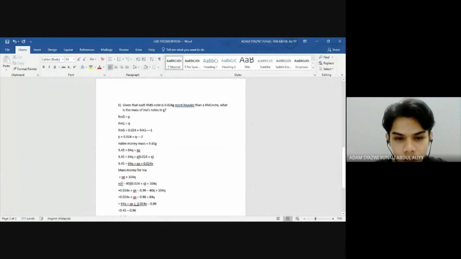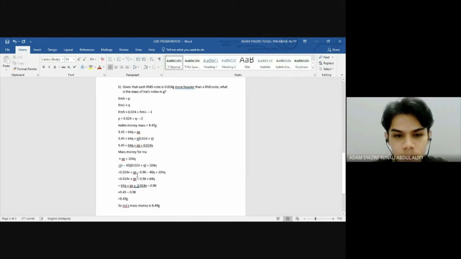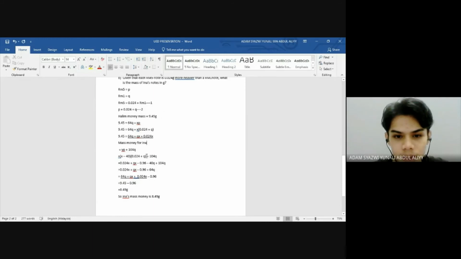So we will get X minus 40 times 0.024 plus Q, plus 104Q. After we expand this equation and add 104Q, we will get 0.024 plus Q X minus 0.96 plus 64Q.